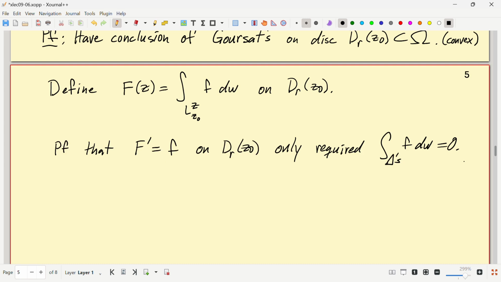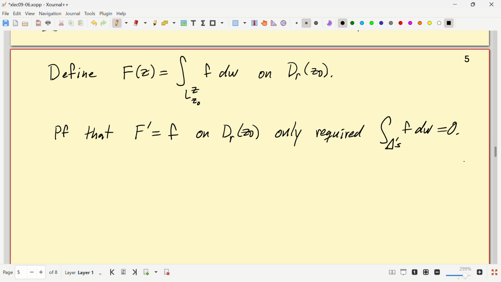So I have an analytic function whose derivative is our little f. So we have F prime equals f.